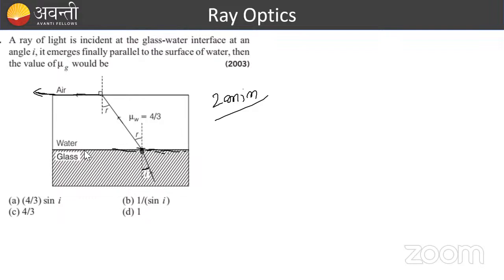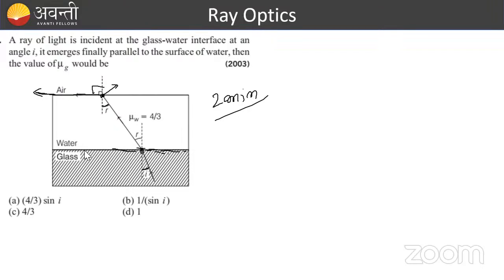Done. So what we can see here: I is not known. I is given in the question, so that is known, but R is not known. And here you can see this R is known, right? Do one thing, apply Snell's law at this point first.